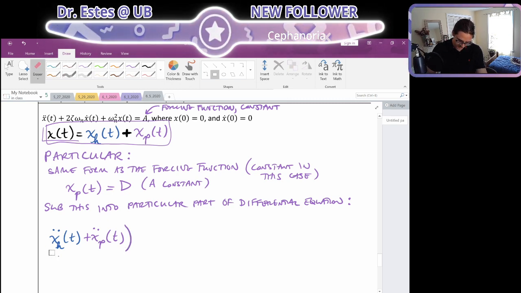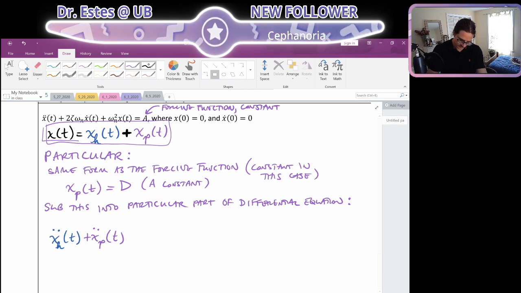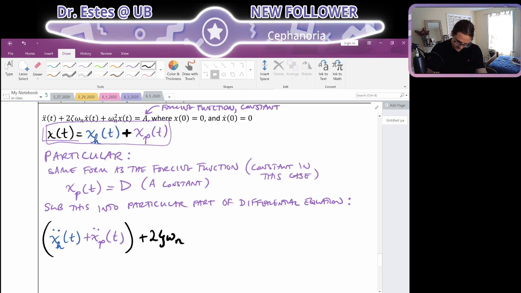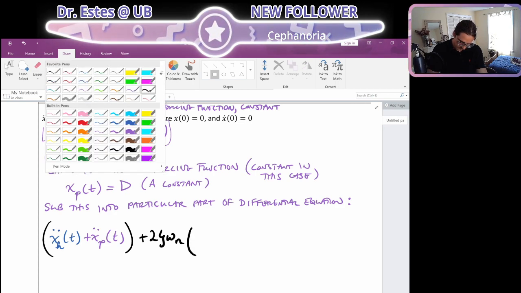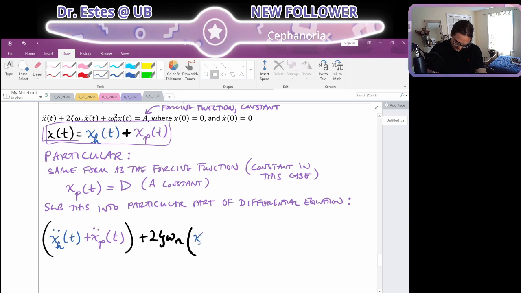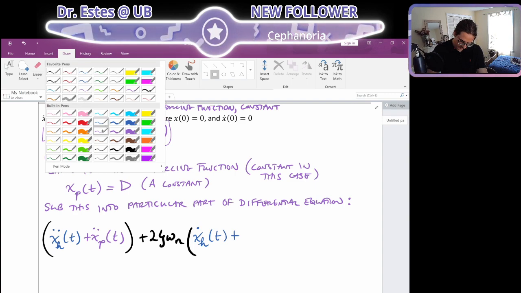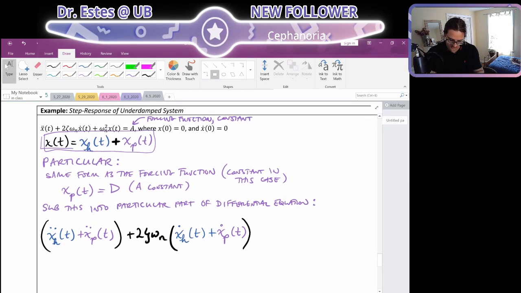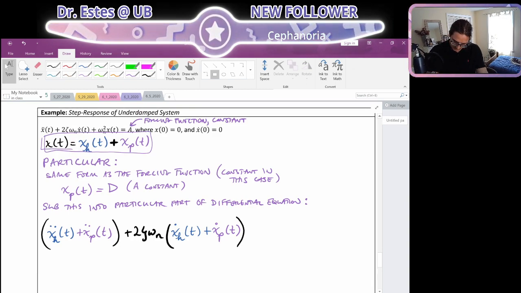Oh, I meant a different color. The reason I'm doing this is it'll explicitly show you what I mean by the particular part of the differential equation and the homogeneous part.